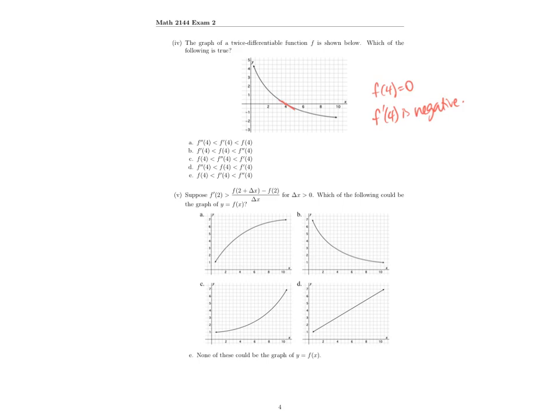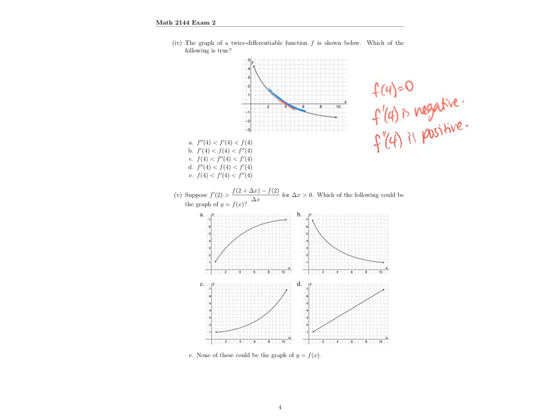And what about the second derivative? Well, the second derivative is related to concavity. And you can see that my function is concave up here. And since it's concave up, that means f double prime is positive. Okay, so now we should be able to order it.